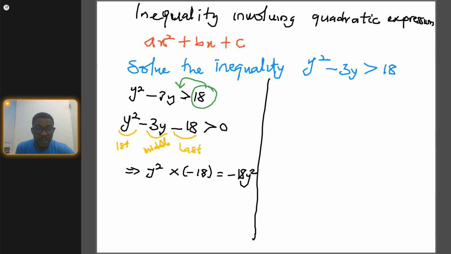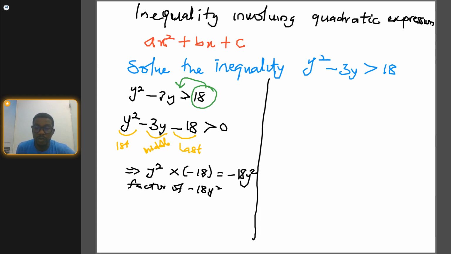That is numbers that can actually divide 18y squared. So let's consider those factors of minus 18y squared. Let's keep mentioning numbers that can divide 18.